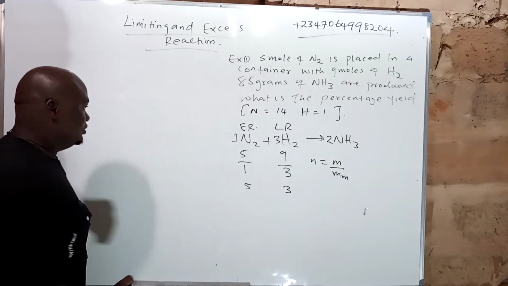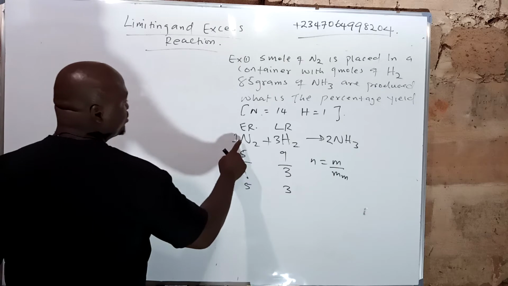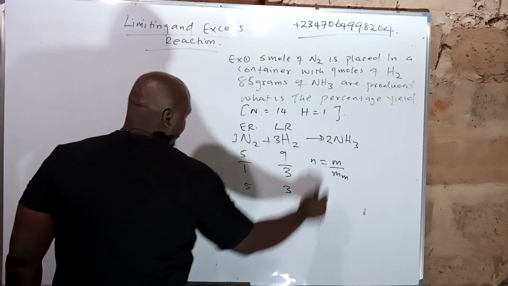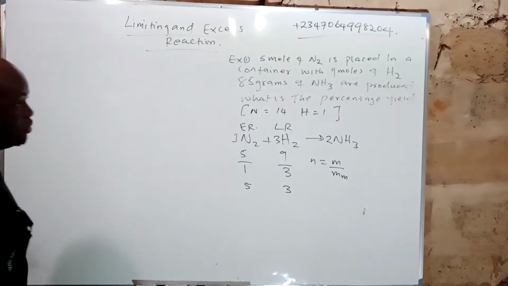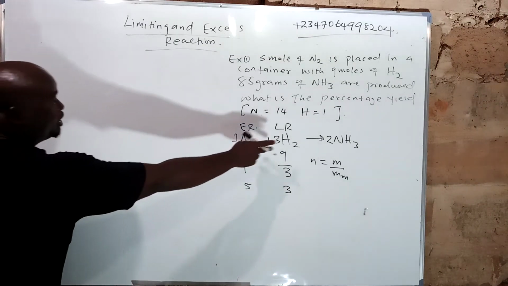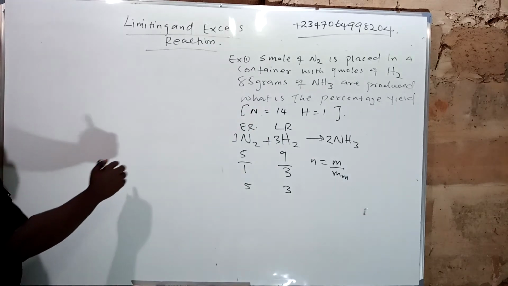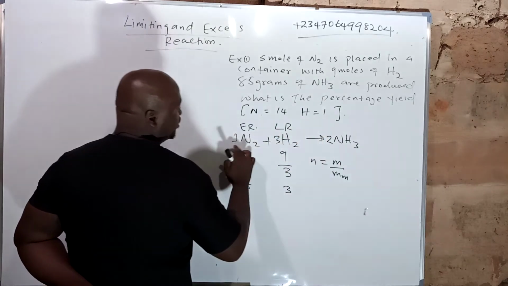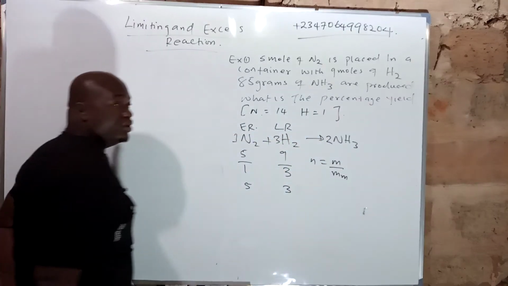Now, look at what I'm saying. Let me use the mass of nitrogen to get the mass of the product, which is the ammonia. Now from here, look at it very well. On the stoichiometry, 1 mole of nitrogen will give you 2 moles of ammonia, right?